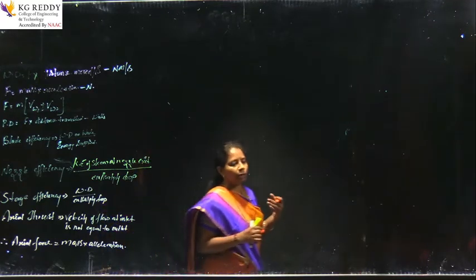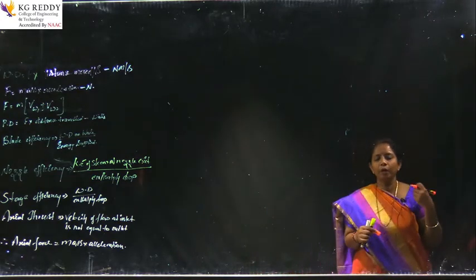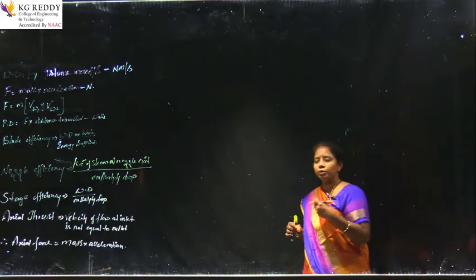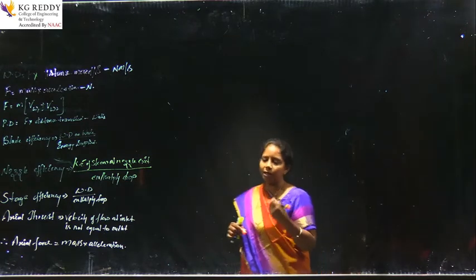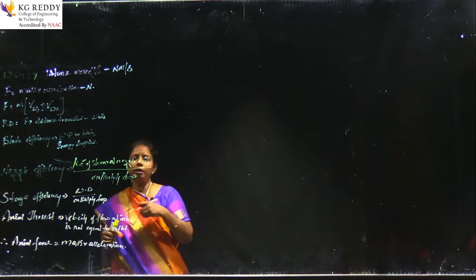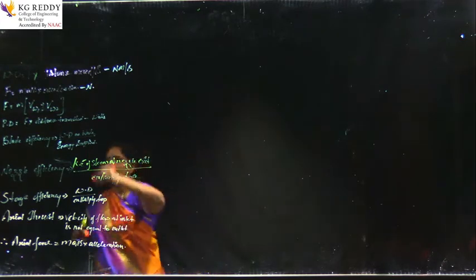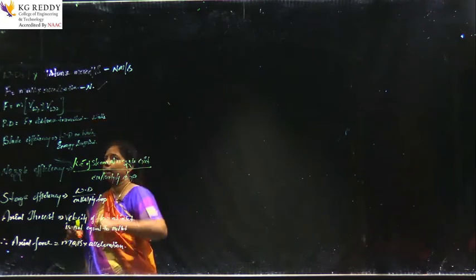How to execute it? By giving some energy to the jet of steam, which we call the velocity of the steam, right. For that we had a relation from Newton's second law, F equals mass into acceleration. This is what we did in the previous class.